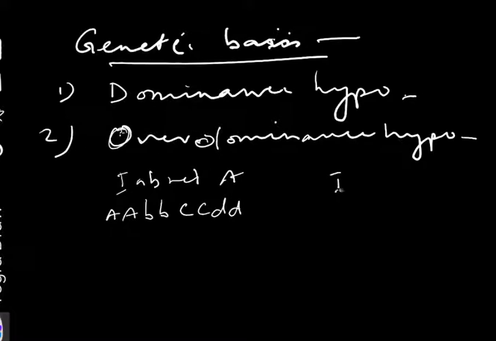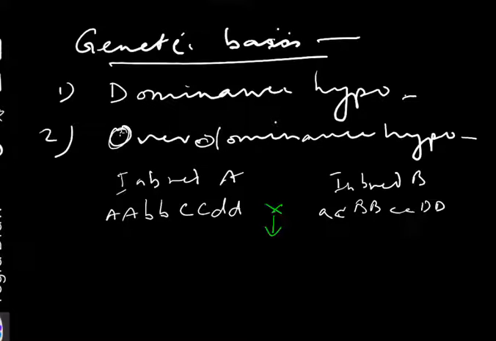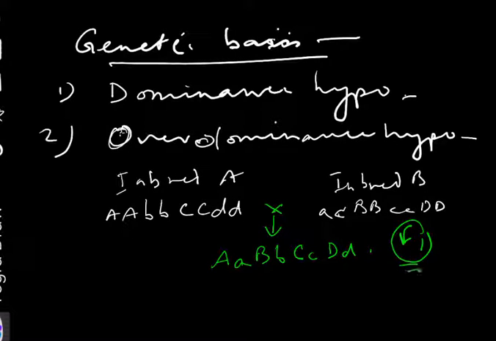On the other hand, inbred B has a genotype of small a, capital B, small c, and capital D. When a cross is done between them to produce a hybrid plant, the hybrid plant has a genotype of capital A, capital B, capital C, and capital D. This is the F1 plant. It is heterozygous and it is heterotic also.